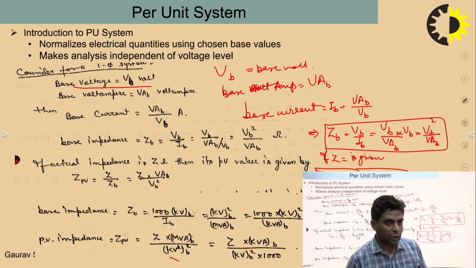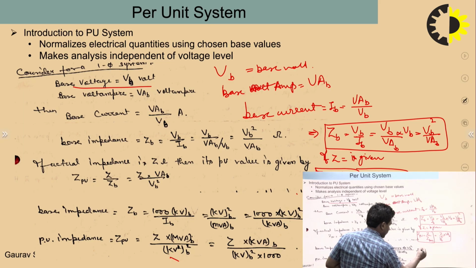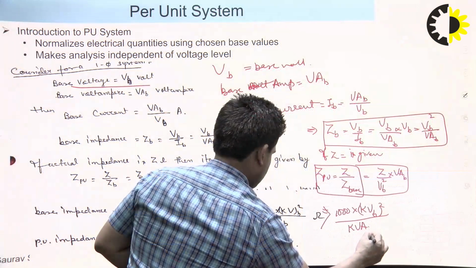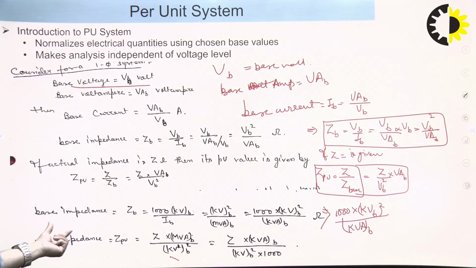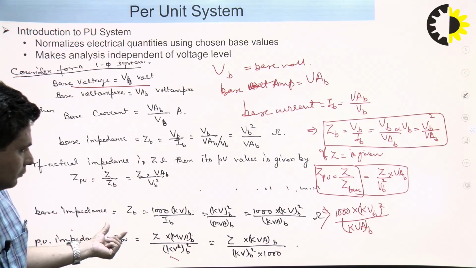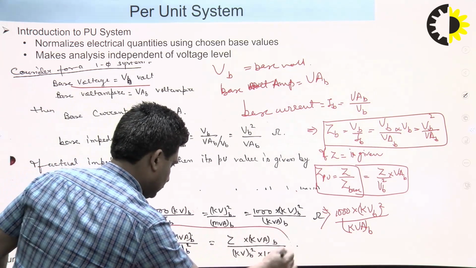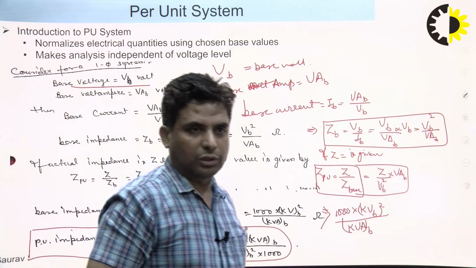Whenever we use these formulas for the base impedance, we have to convert this MVA into kVA, so kVAB, and we find the base impedance like this. So that is the Z per unit impedance for the single phase system.